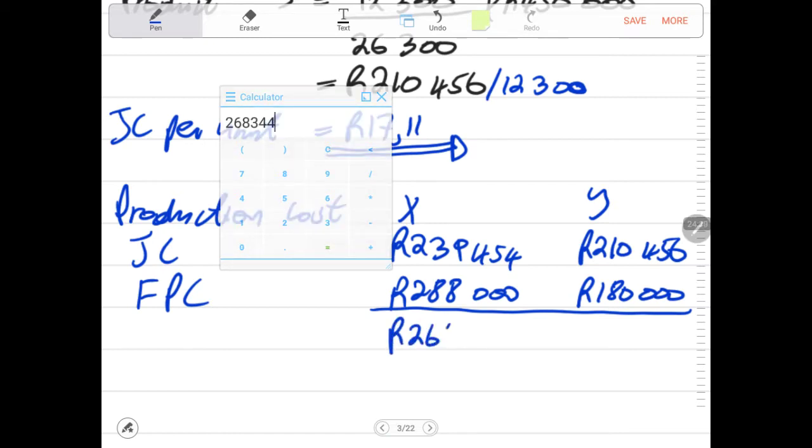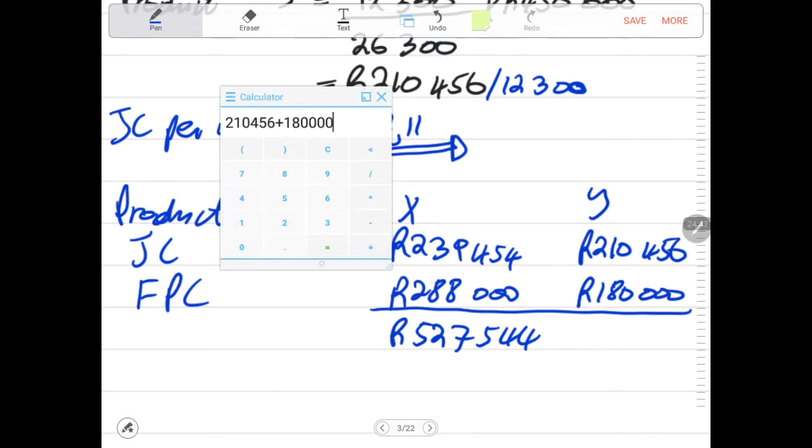Let me repeat that, 239,544 plus 288,000. We get, yes, a different figure. 527,544 is the correct figure. Total cost for product Y is 210,456 plus 180,000. We get 390,456. This will be our total cost.